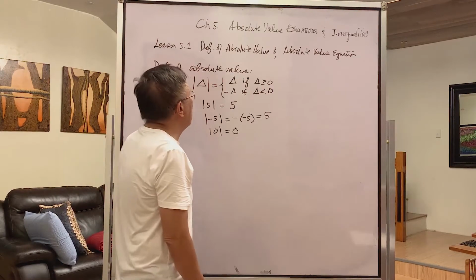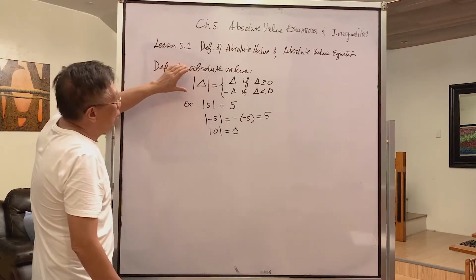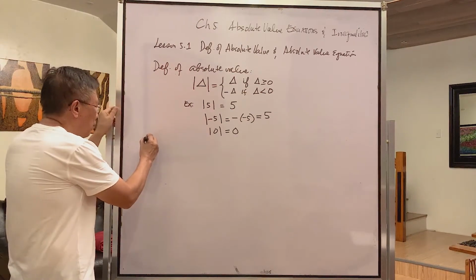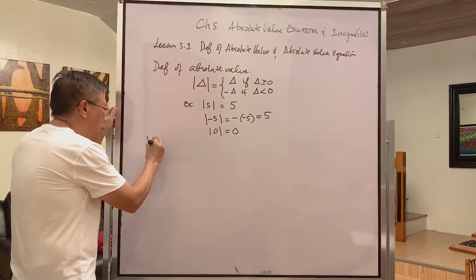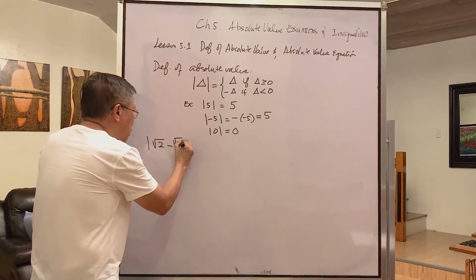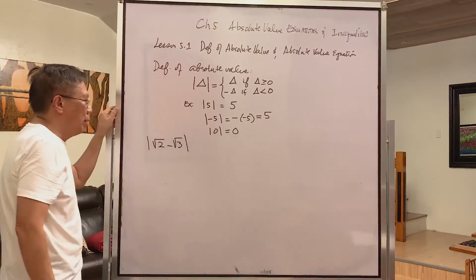Okay, now suppose we apply this definition of absolute value to simplify this expression. Let's say square root of 2 minus square root of 3 absolute value.